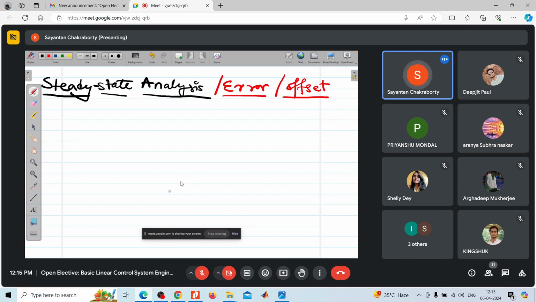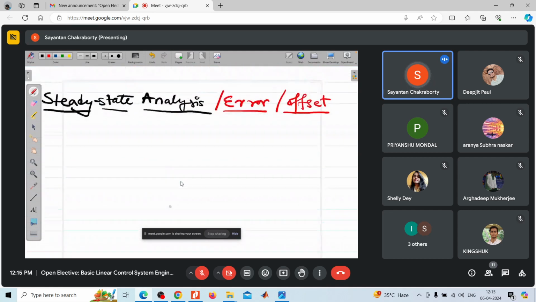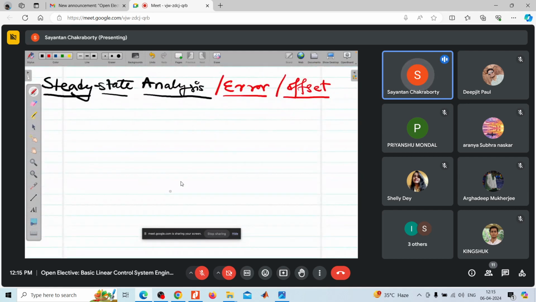Now, what may happen if there is a sudden change in the reference input? That change in the reference input will cause some error to be introduced in the system, because the reference input has changed. And in some situations, the system itself may not be able to reach the new reference value that is demanded, right?